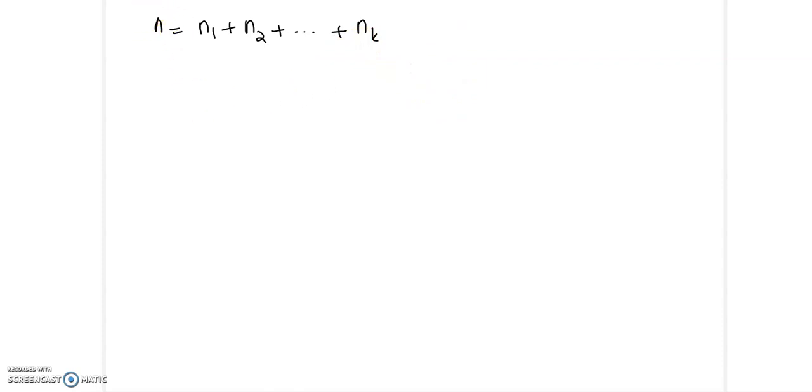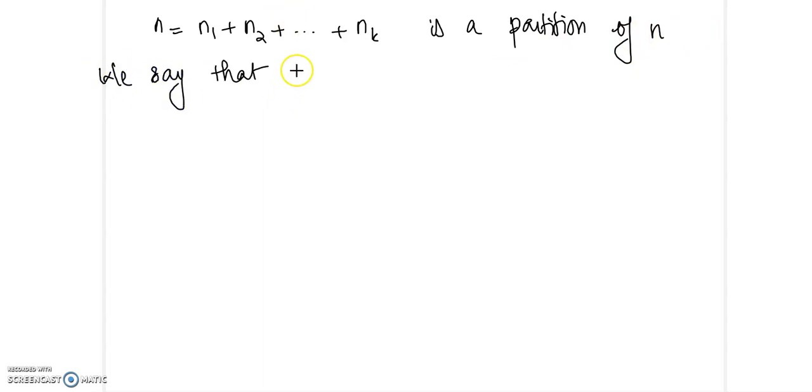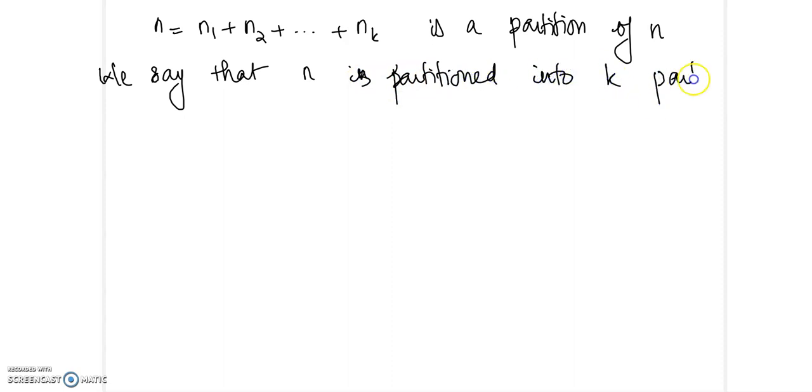So when we put n equal to n1 plus n2 plus etc nk, this is a partition of n, and we say that n is partitioned into k parts of sizes.